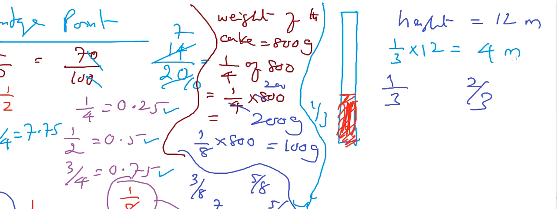So in terms of meters, what's the length not painted? We already know total height is 12, 4 meters got painted, so remaining 12 minus 4, equal to 8 meters. 8 meters of the pole not painted.